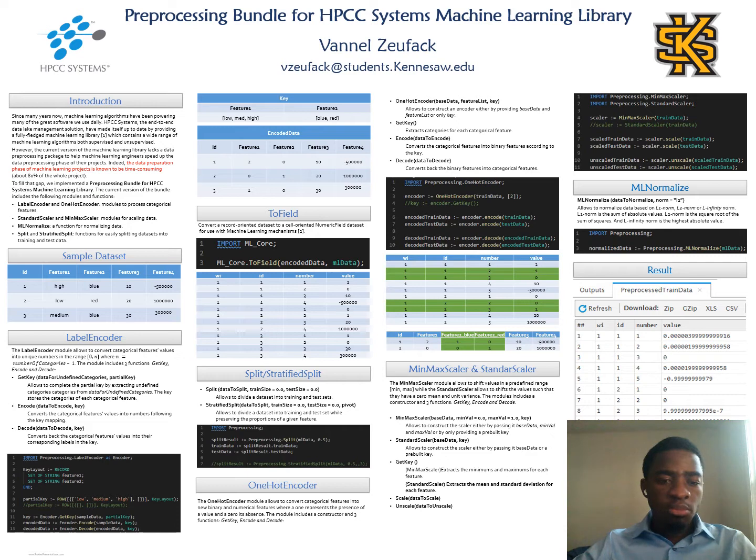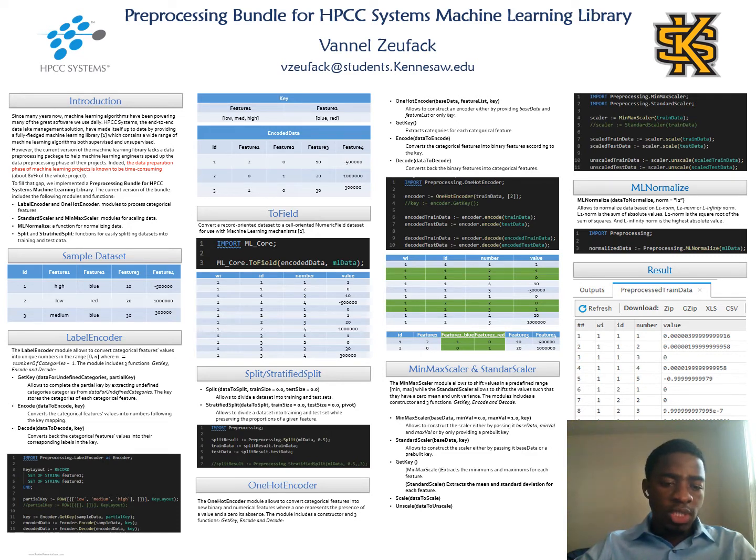Starting with the label encoder, it allows you to convert categorical features into unique numbers starting from 0. It has three main functions: get key, encode, and decode. Encoding and decoding are based on the key, and the key contains the categories for each of our categorical features.